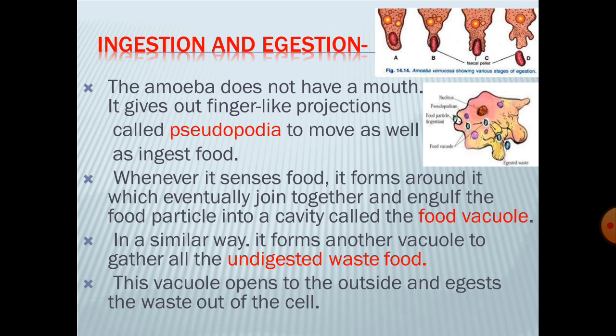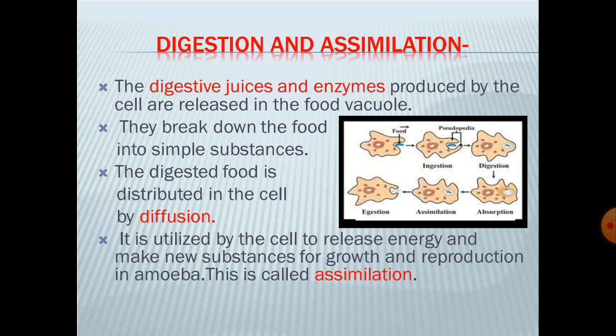Thus, the same process of ingestion and egestion as we have studied is followed by the lower organisms also. The digestion and assimilation here also take place with the help of digestive enzymes. Then the food is moved to the entire region of the body by diffusion, and the important products are made by the process called assimilation.